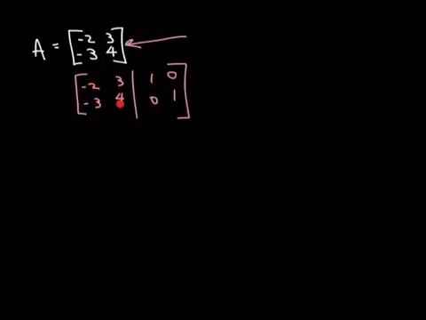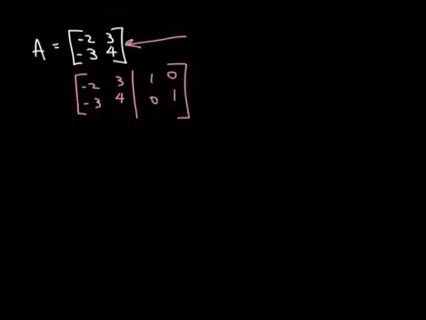So this will be a 1, this will be a 1, this will be a 0, this will be a 0. So this goes back a couple lessons to where we tried to make this into a 1, 1, 0, 0. Okay? And then we don't care what this is, but when we're done, this is going to end up being our inverse. Alright, so let's get started here.